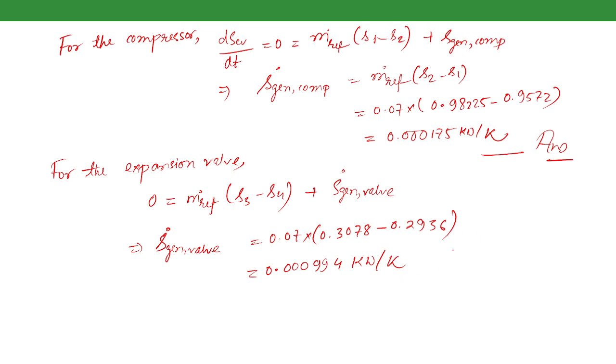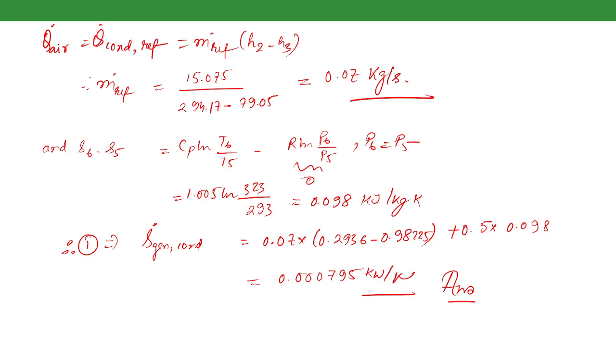So we have essentially found out the entropy generation rates for the compressor, for the expansion valve, and the condenser.